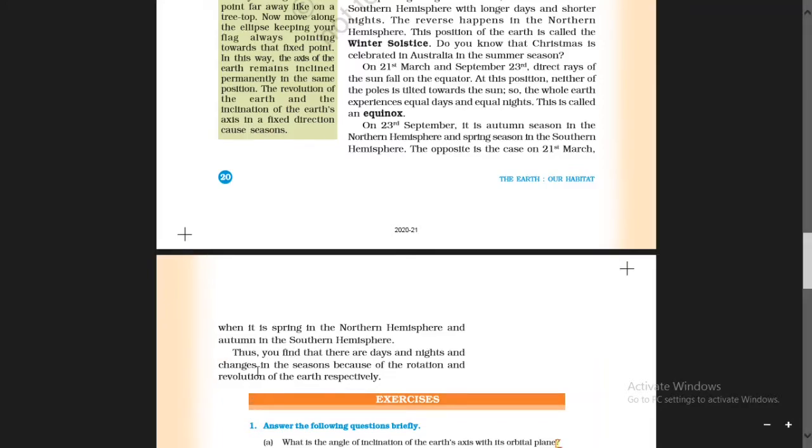Thus, you find that there are days and nights and changes in the seasons because of the rotation and revolution of the earth respectively.